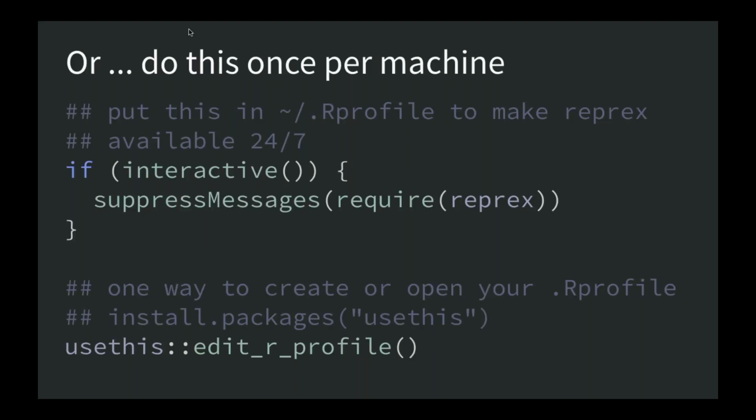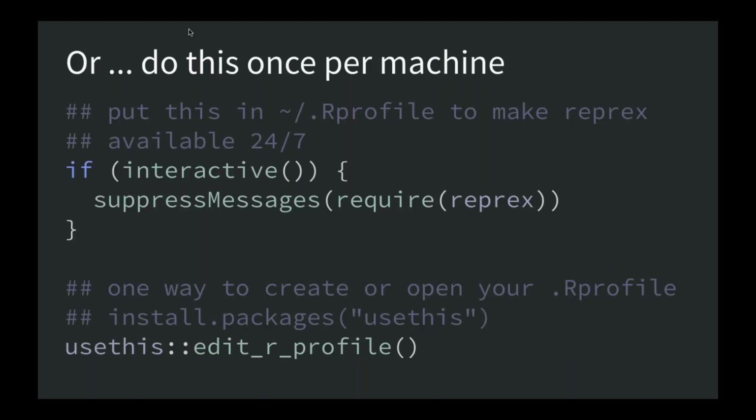And so this snippet of code, suppressMessages(require(reprex)), looks a little different from what you just saw, but it's sort of a better way to attach this package in your startup file. So you would put this snippet of code there in your R profile, and then forevermore, when you start R, the reprex package would be available.